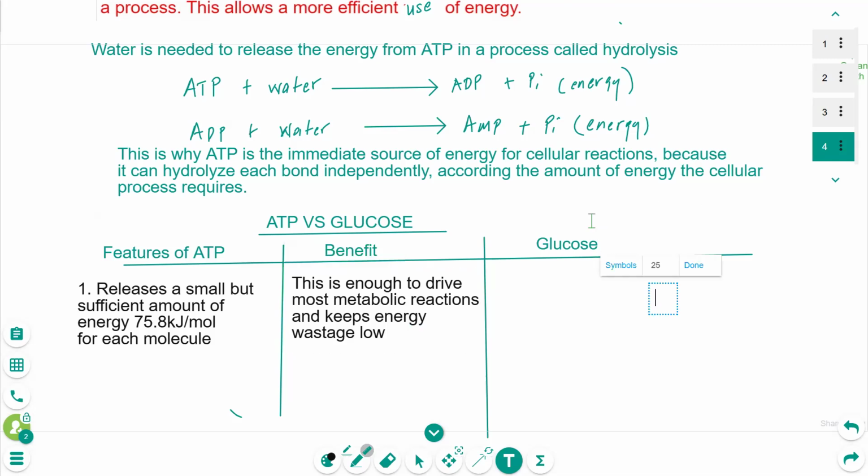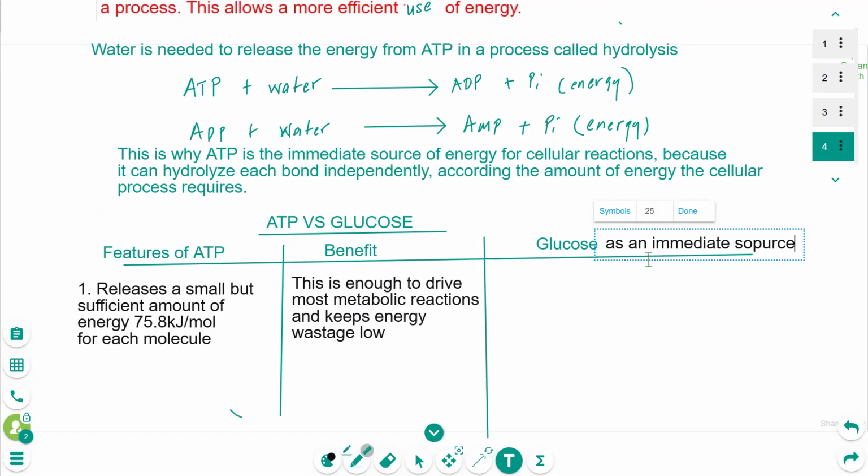Remember, ATP is the immediate energy source. This other column is for me to discuss what if we had been using glucose as an immediate energy source versus ATP. We'd see that glucose would not be good.